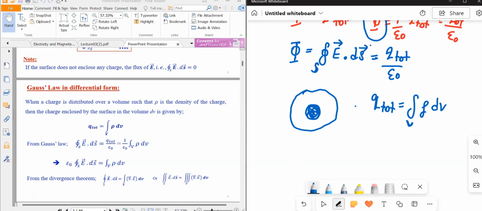And now, from this equation, we know E dot ds surface integral is equal to Q total over epsilon naught. So now we know Q total is equal to volume integral of rho dV.